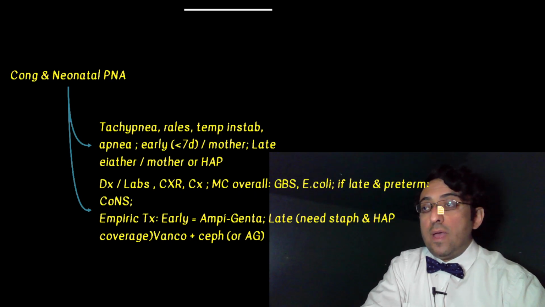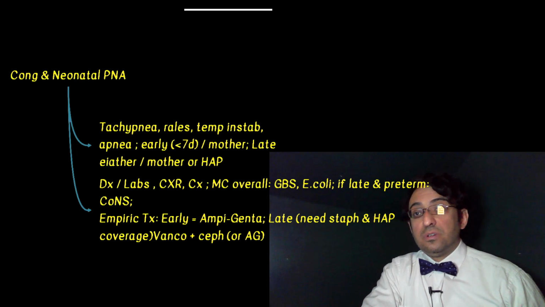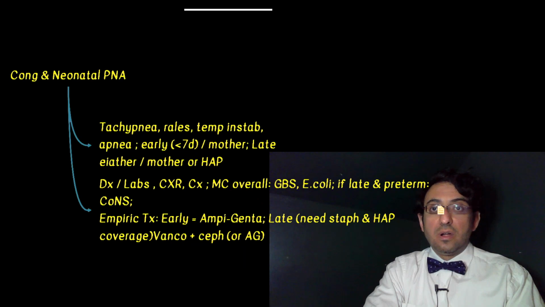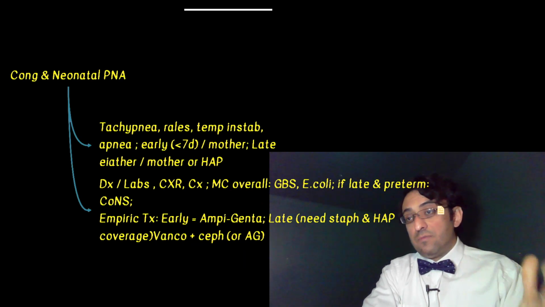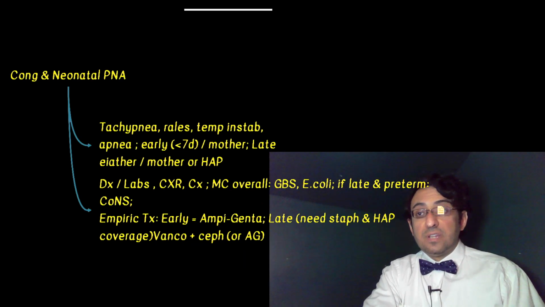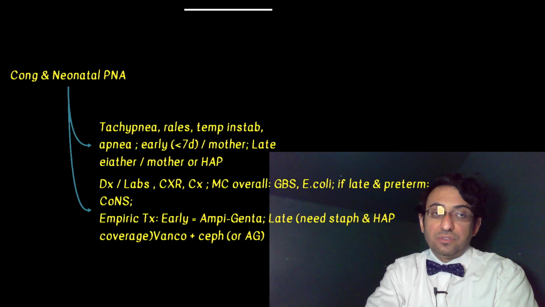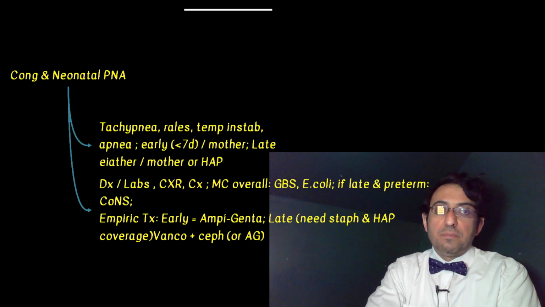In general, tracheal aspirate culture is indicated in any of these neonates with respiratory distress if they are intubated. So again, we perform chest X-ray, which is required, as well as lab tests such as CBC, and we initiate the empiric treatment. Cultures are not actually required for diagnosis.